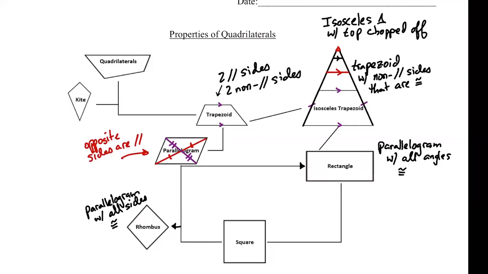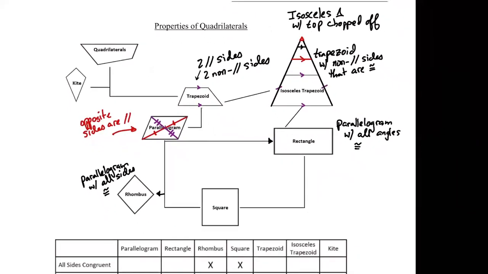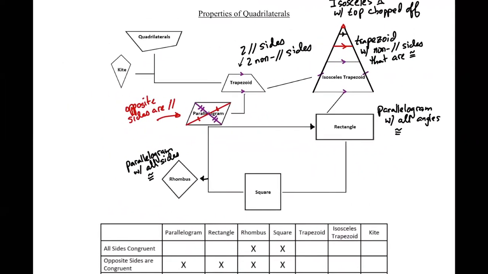In order to make a parallelogram into a rectangle, it has to be a parallelogram where all the angles are congruent. Now, in order to make a square, it has to be a parallelogram with all sides and angles congruent. So all sides congruent and all angles congruent.